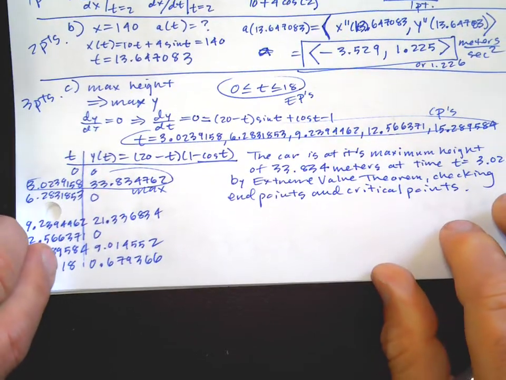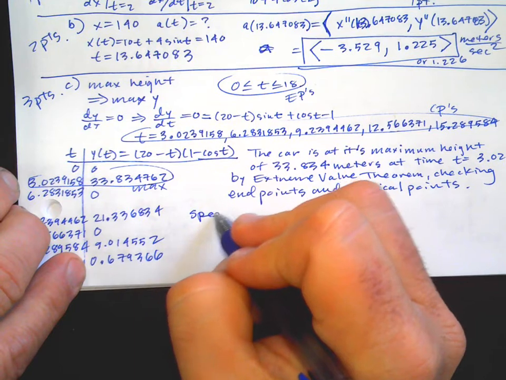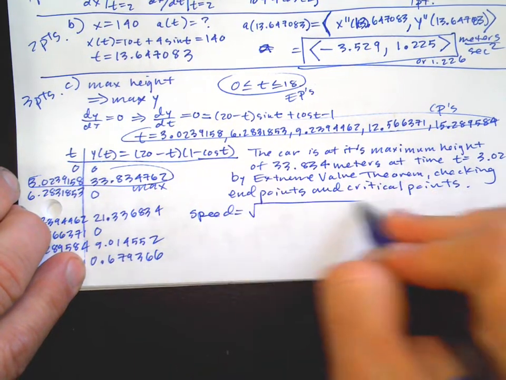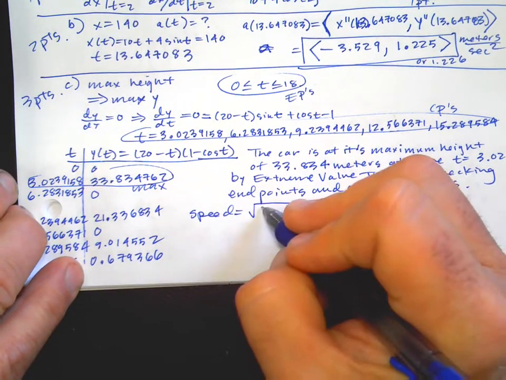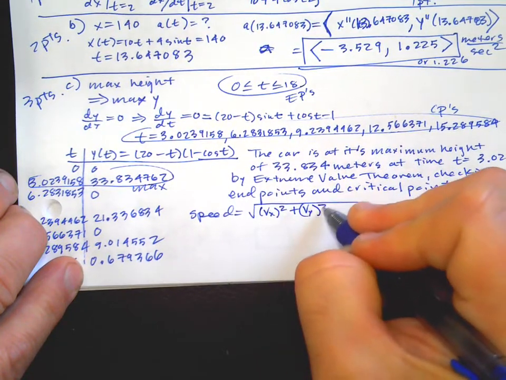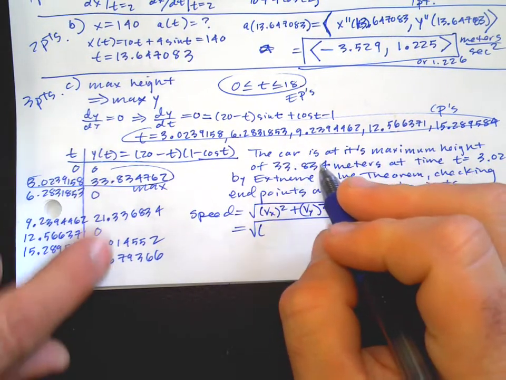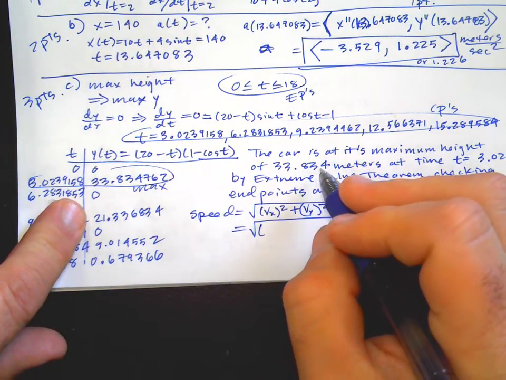It then says to find the speed at that time. So speed is the square root of velocity in the x direction squared plus velocity in the y direction squared. So we just need to plug this time into those equations.